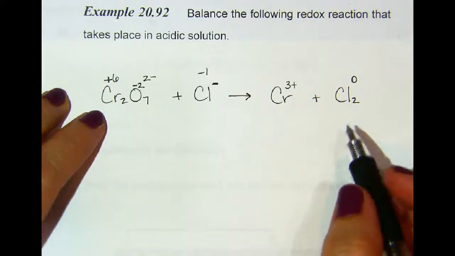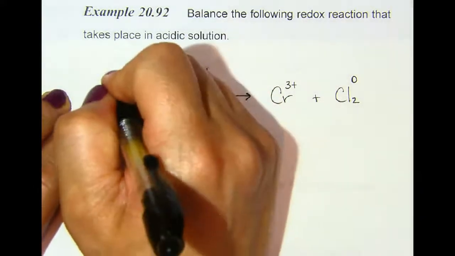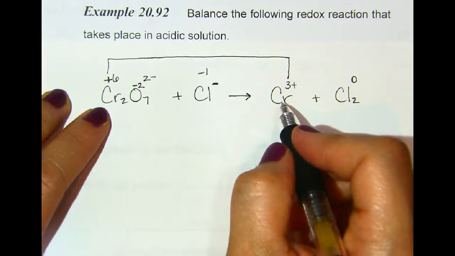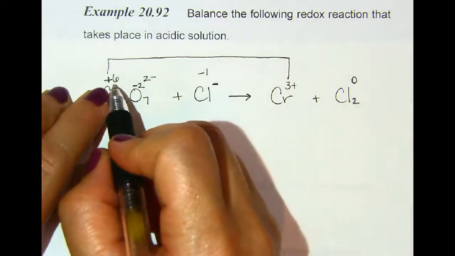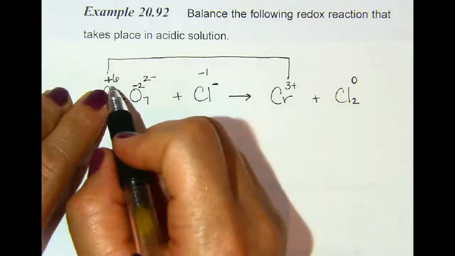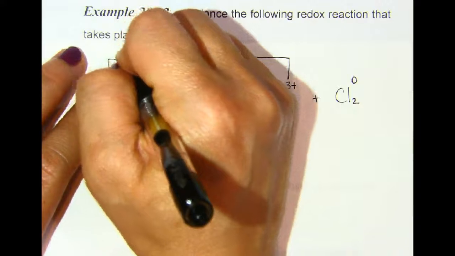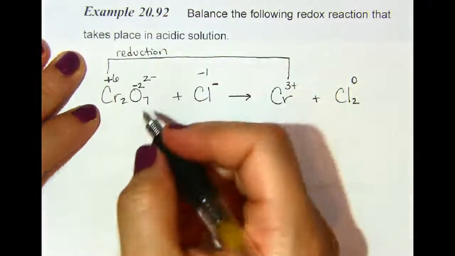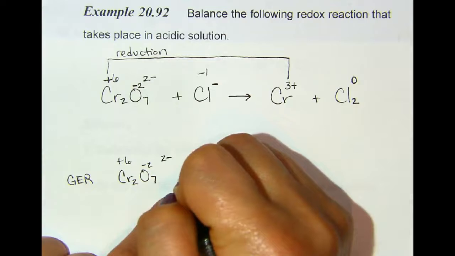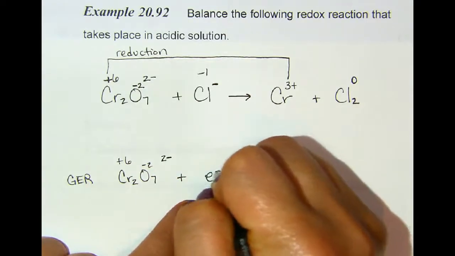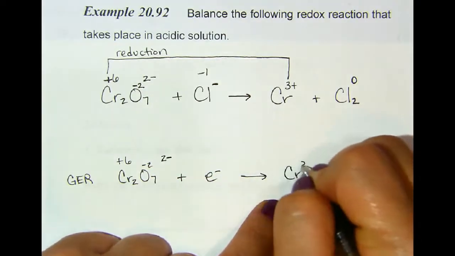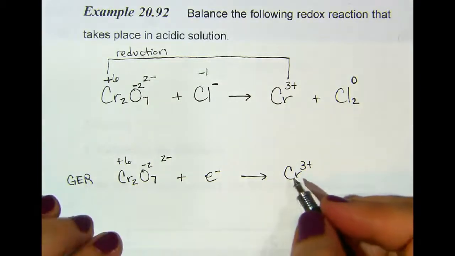Now let's look for changes. We have chromium, which changed from plus 6 on the left to plus 3 on the right-hand side. Notice that the value reduced. So because plus 6 reduced to plus 3, this is the reduction part of the reaction. And so when I write the half reaction here, I'm going to gain electrons, so add electrons to the left side, yields my Cr3+ on the right-hand side.